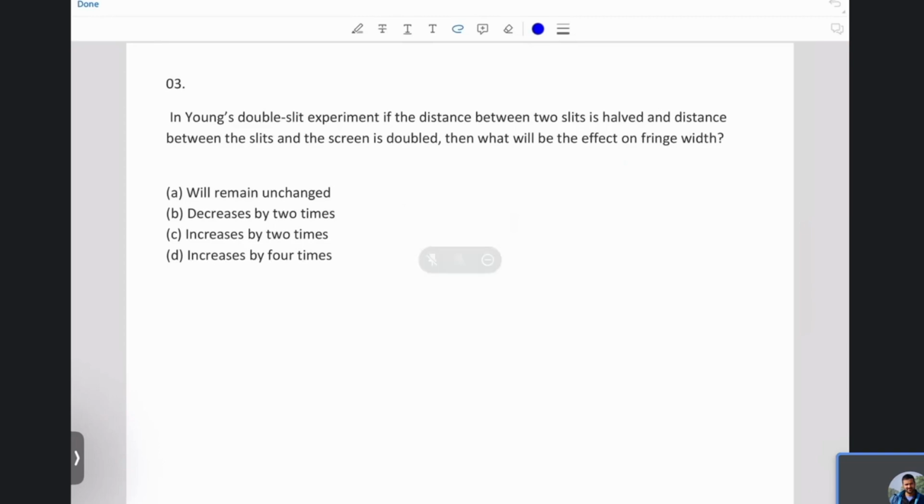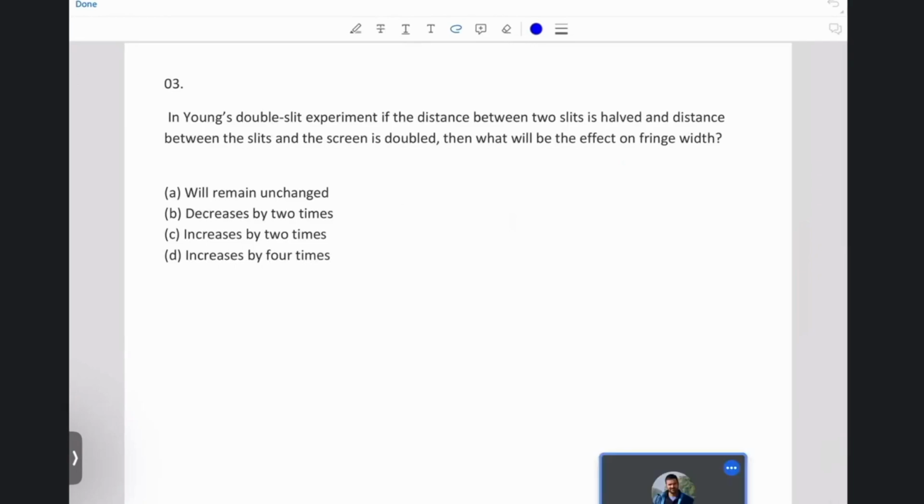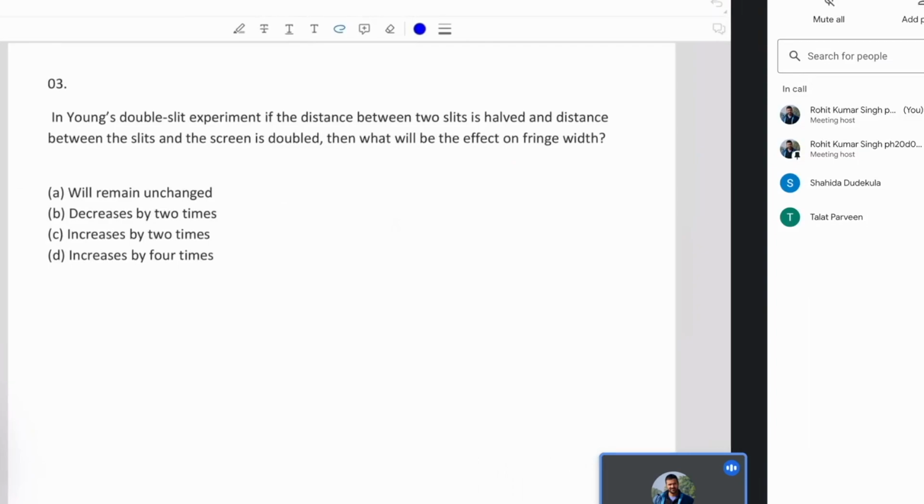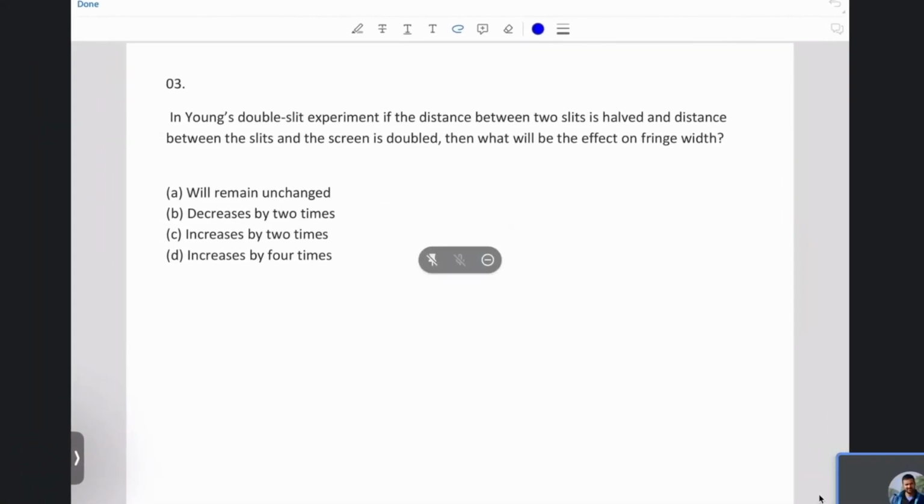Sahida Talat, do you know how to get the answer? If you don't know, you can just say no. I will solve it then. Can you please respond? You don't know?